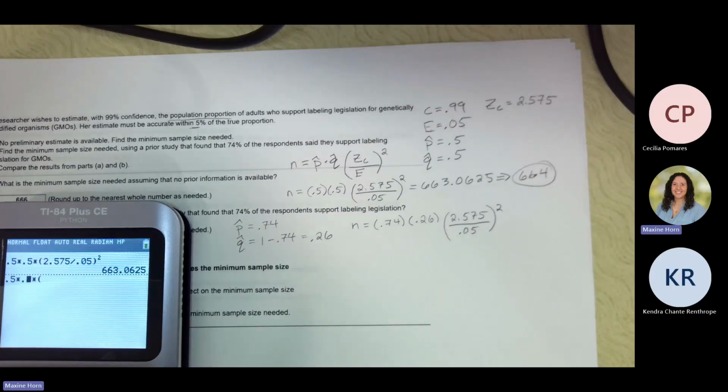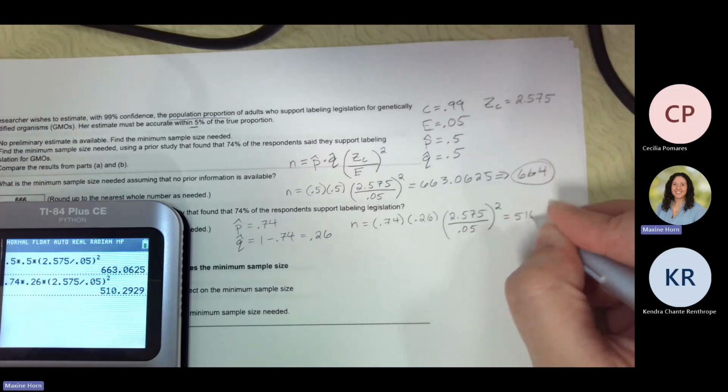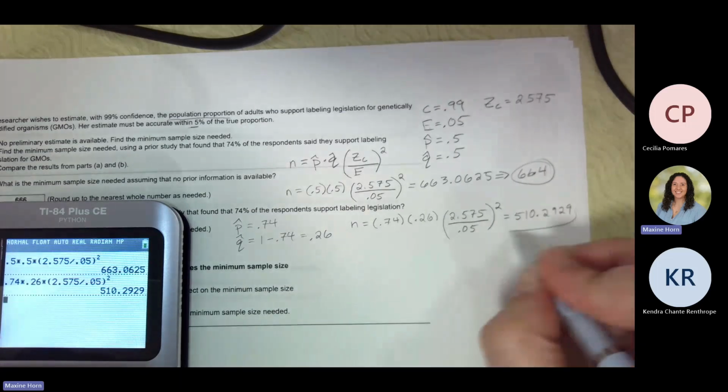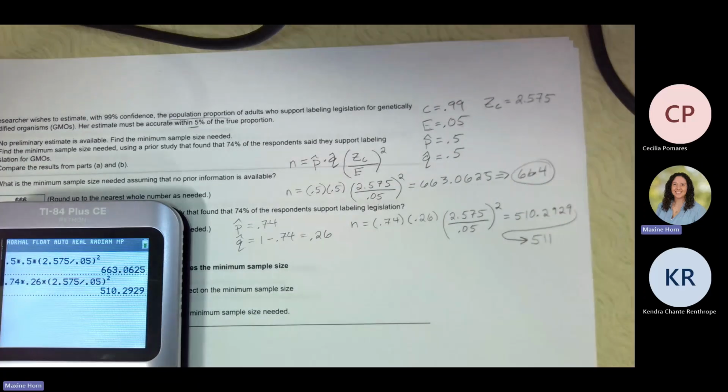Oh, apologies. Here we go. Okay, so we're getting 510 and some change, which, what do we have to do to that? Go up to the next whole number.